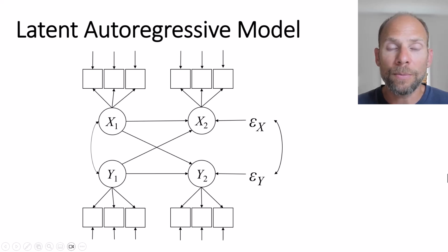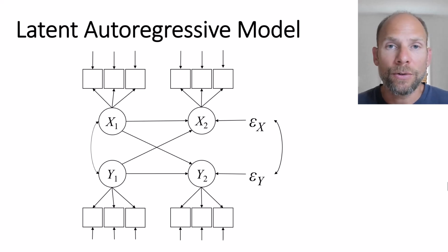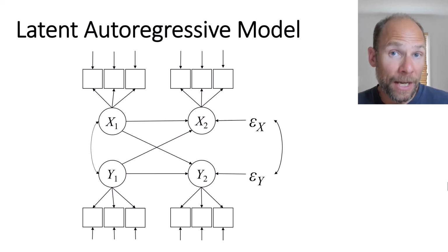And then when we have multiple observed variables, multiple indicators at each time point, we can separate true score variance from measurement error variance, and then the autoregressive and cross-lag paths can be analyzed on the basis of latent variables which are corrected for measurement error, and then in the ideal case that leads to less bias in the estimation of those paths and also is more powerful in terms of statistical inference potentially if those measurement models are correct and if the model fits well and properly accounts for measurement error.